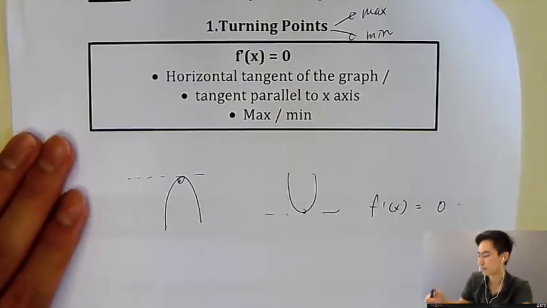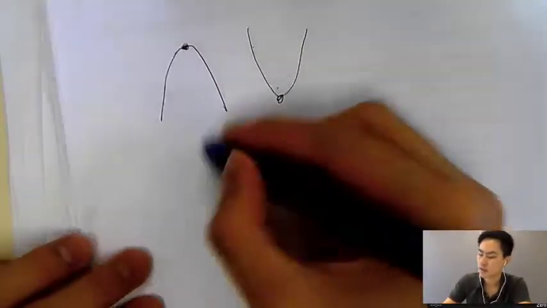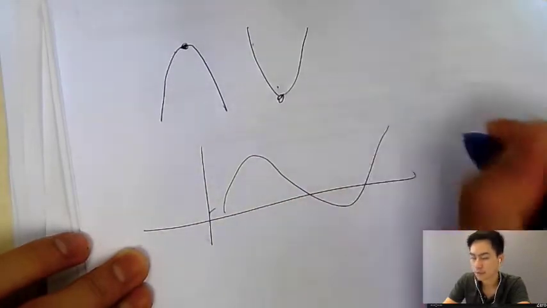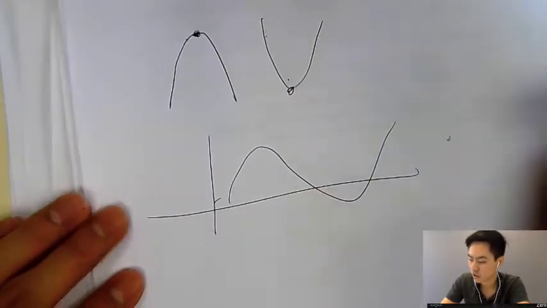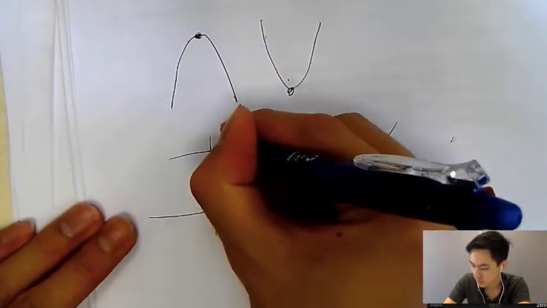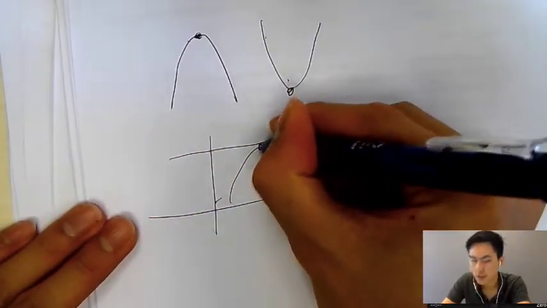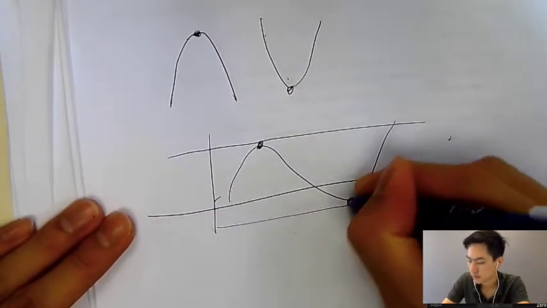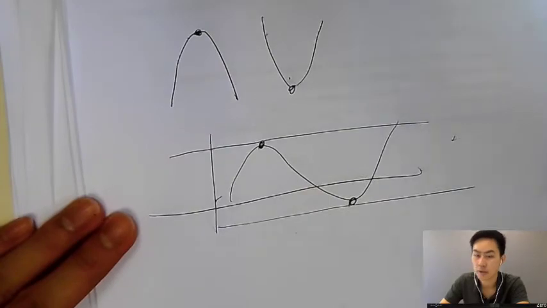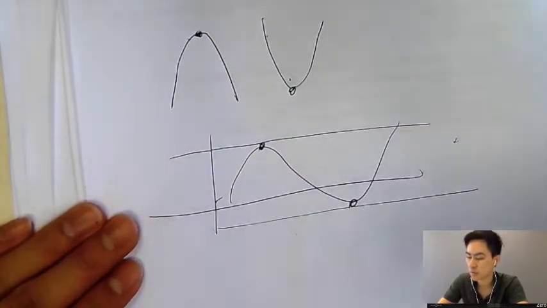Why is that? Very easy. If I draw a random graph like that, and you have a horizontal tangent that touches a point, then it must be a horizontal line touching a point, and that point must be a maximum. And if you draw a horizontal line like this, this point must be a minimum. So it can be either a maximum or minimum.